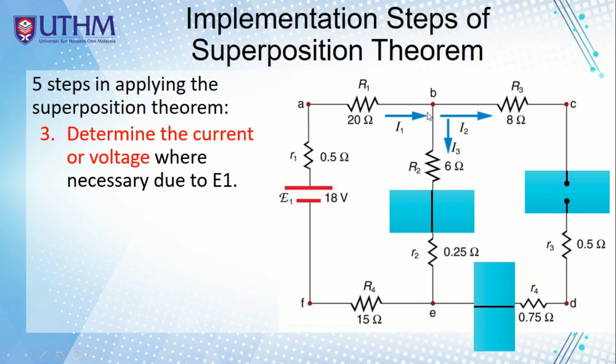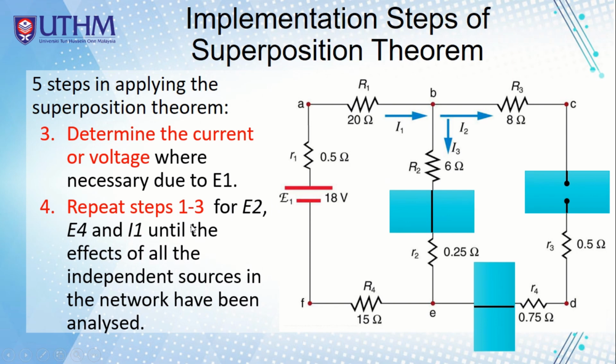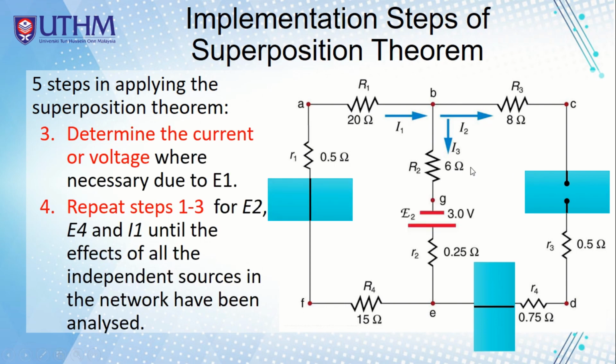So we calculate whatever is required based on the analysis, and then we repeat steps 1 to 3 for E2, E4, and I1, until all the effects of the independent sources in the network have been analyzed. For example, for E2, the circuitry has now become E2, and the rest of the circuit is open, short circuit and open circuit.